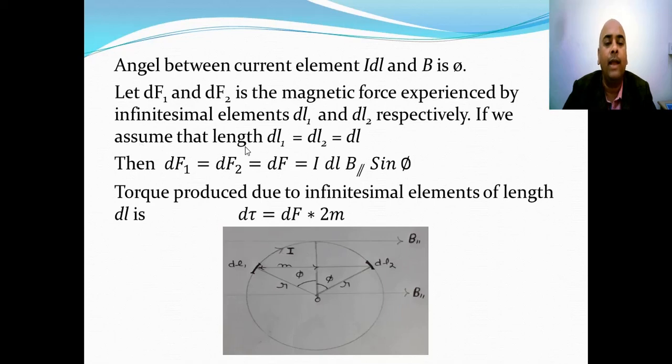If we assume that the lengths dl1 and dl2 are exactly the same, which is dl, then force dF1 experienced on length dl1 and force dF2 experienced by length dl2 are exactly the same, because the value of the magnetic field, the length, and the location of dl1 and dl2 are exactly the same.